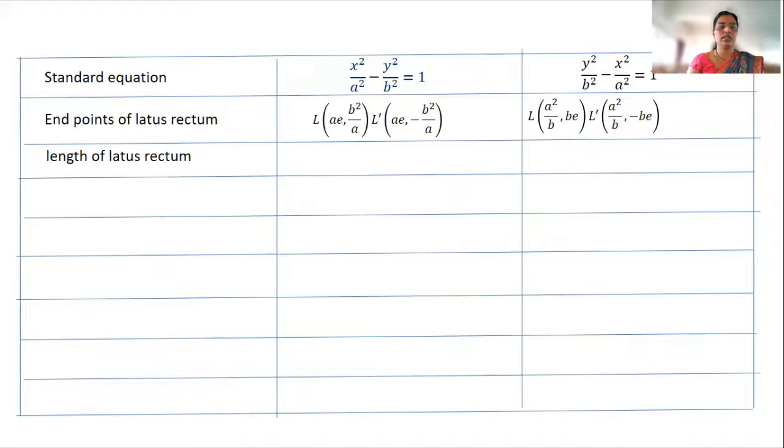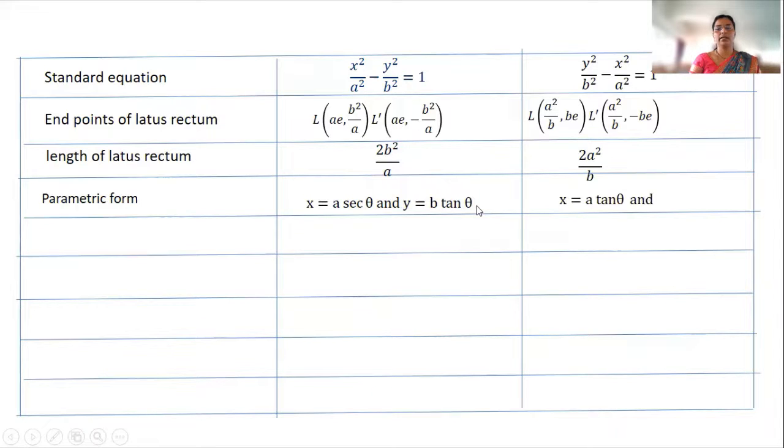And the length of the latus rectum is 2b square upon a and 2a square upon b. Now, the parametric form of the hyperbola is x is equal to a sec theta and y is equal to b tan theta for the standard hyperbola, and for the conjugate hyperbola x is equal to a tan theta and y is equal to b sec theta.